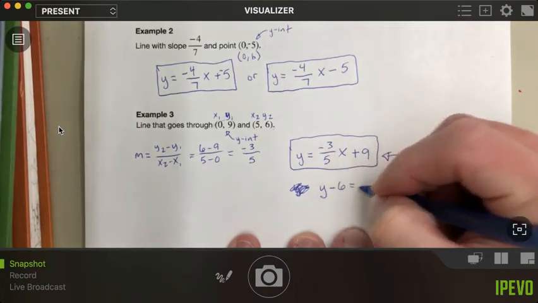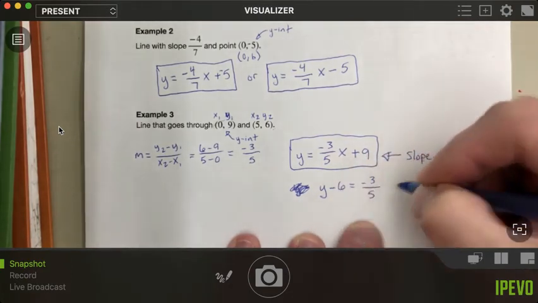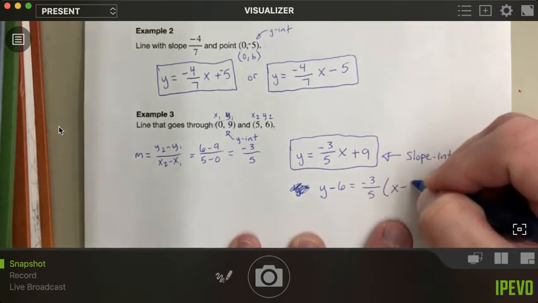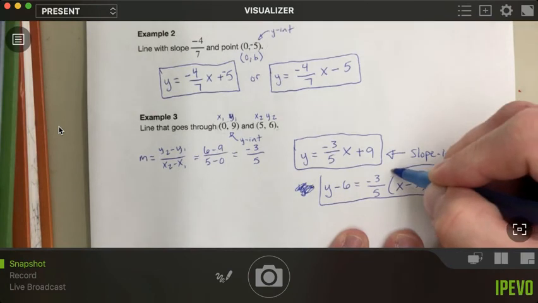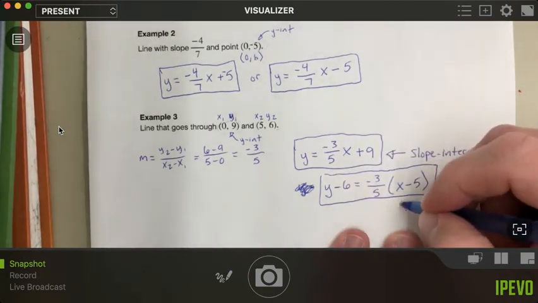I might have done something like this. That was supposed to be an arrow.